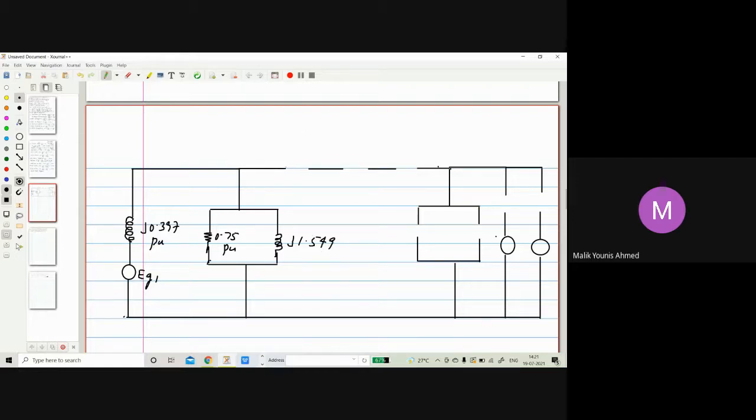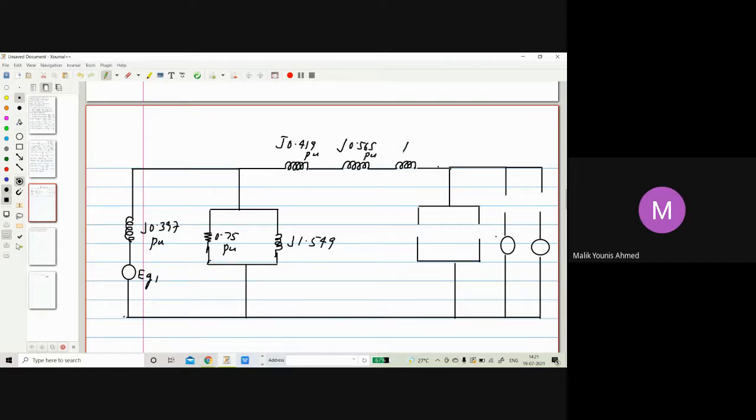Then we have transformer number one, transmission line. Then we have transformer number two. j0.419 per unit. Transmission line is j0.565 per unit.